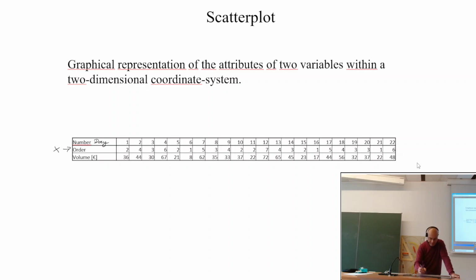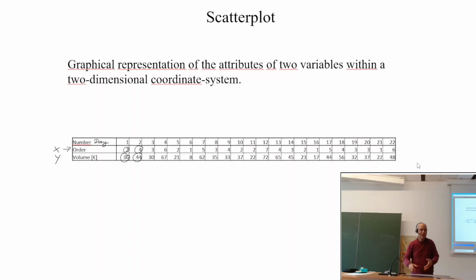On the first day, you have two orders with a volume of 36 euros. On day 2, you have 4 orders with a volume of 44 euros. And then you can think that there is a dependence between the number of orders and the volume of orders. In general, we would expect that the higher the number of orders, the higher the volume on average.